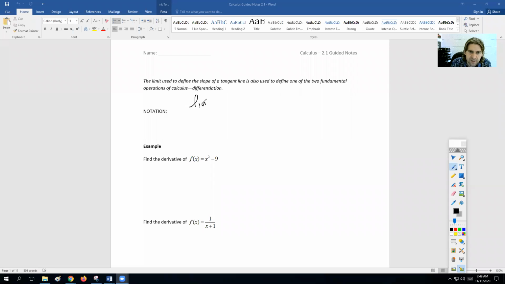So the limit as delta x approaches 0 of f of x plus delta x minus f of x, all over delta x. Remember, c plus delta x minus c would just be delta x on the bottom. So here is the derivative formula that we will use. This is the derivative, and this will tell us the formula to find the slope at any point.